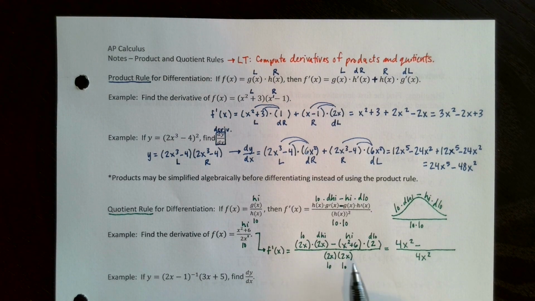When we start to simplify, I usually simplify the denominator first because it's easier. So 2x times itself is 4x squared. Then we happen to have the same thing to start the numerator. That's just a coincidence, so we get another 4x squared. We have this minus, and we need to be careful with how we deal with the distribution after the minus.